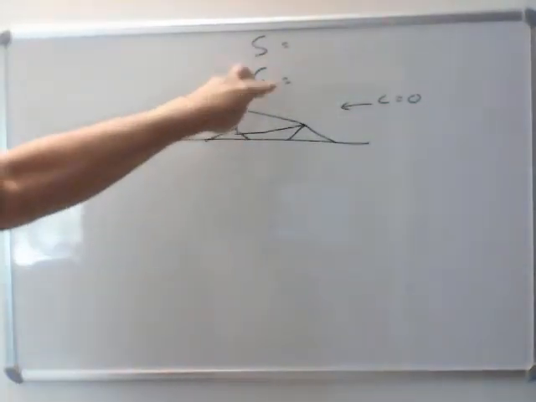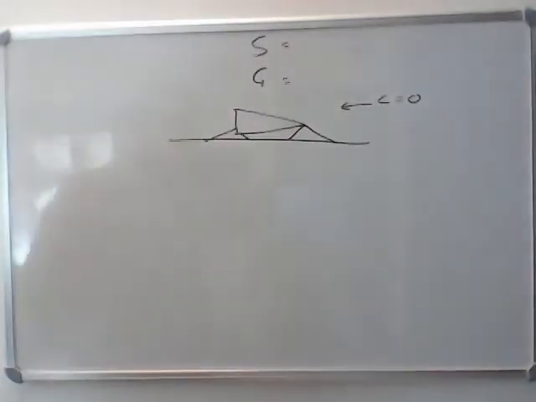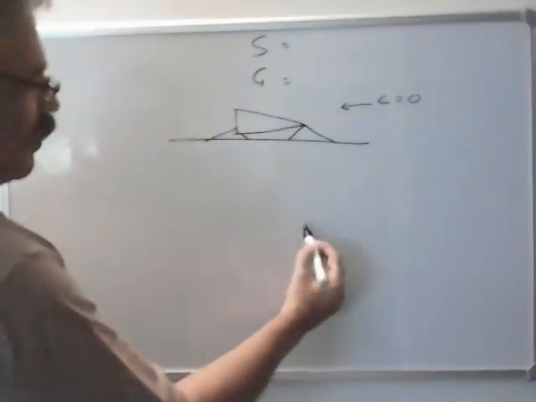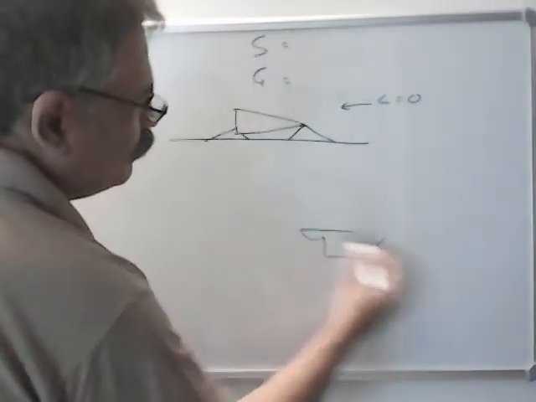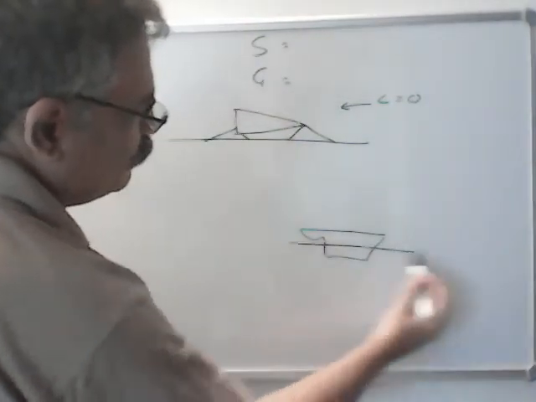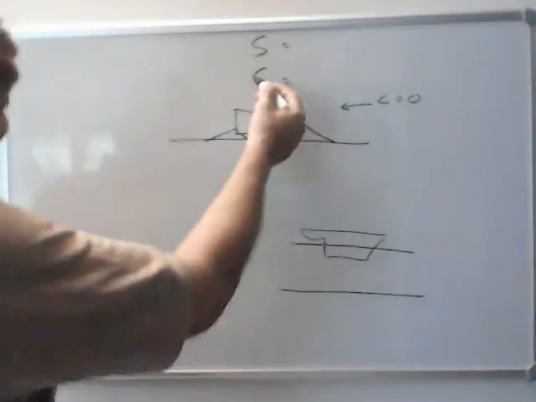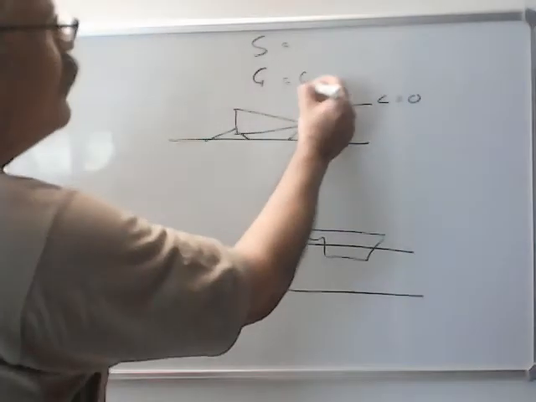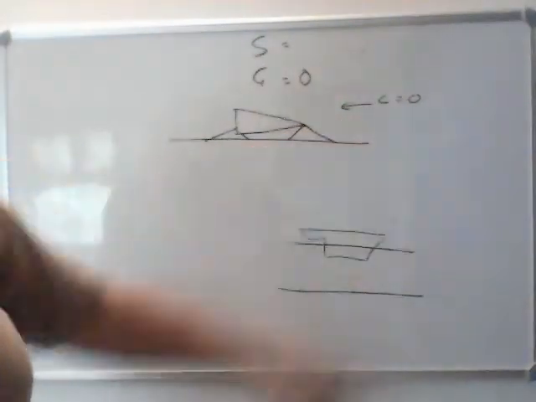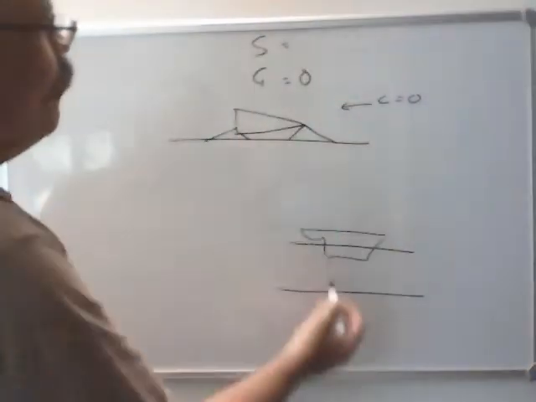So what will the GPS show? Ship is tied up. This is the ship, seawater, and the ground. So the speed of the ship with respect to the ground when she is tied up, shown by GPS, will be 0. And if the current is also 0, what will the speed log show?